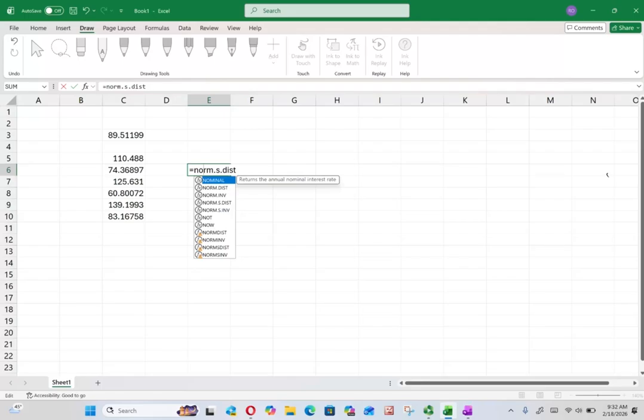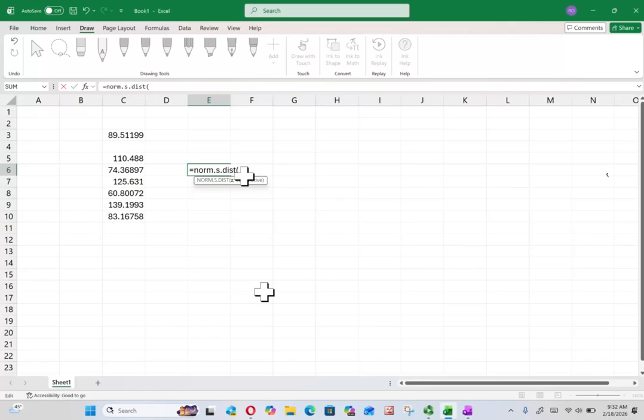So for 90 is the example. Instead of a 90 with 100 and a standard deviation of 20, I have to get the distance from the average in standard deviations.